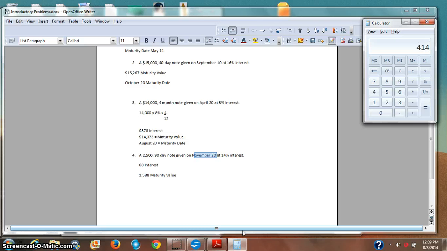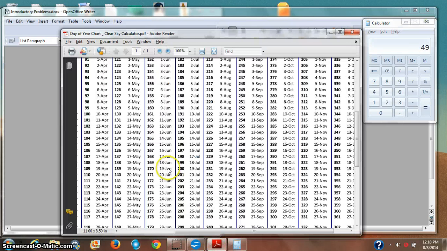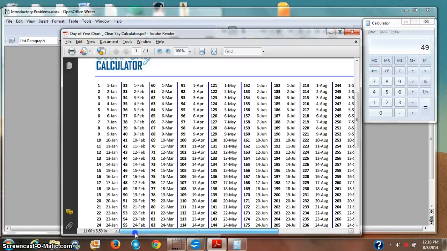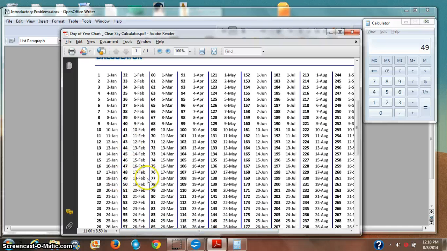And of course you'll notice there are not 414 days in a year. We've run out of days. So what do we do? The answer is we just subtract 365 days. So we're going to take 414 minus 365, and that brings us to which day of the year it's going to be. It's going to be the 49th day, which is February 18.